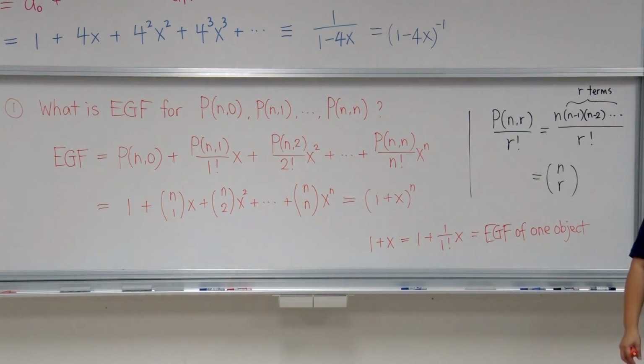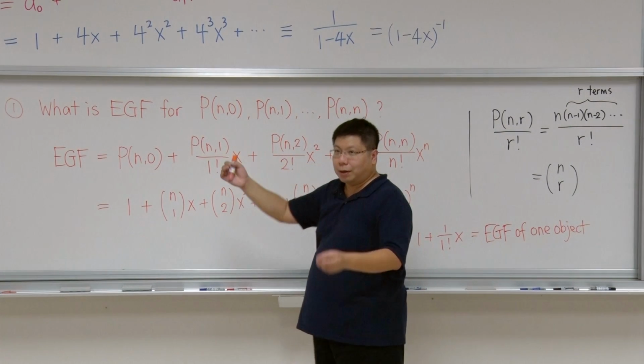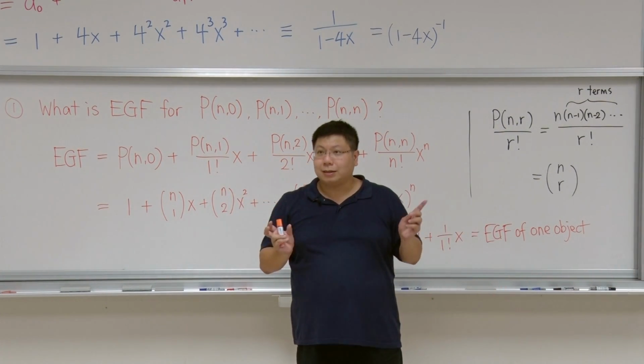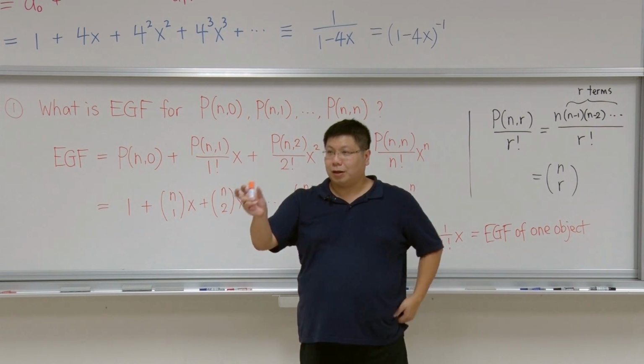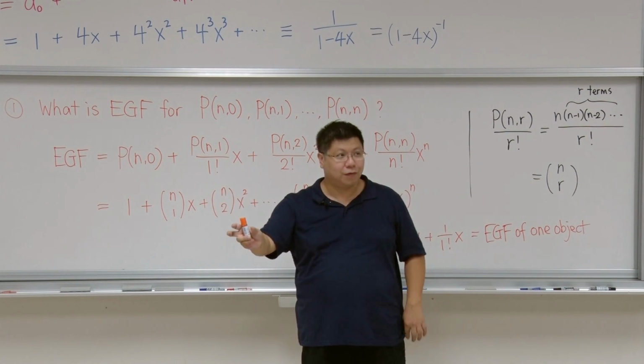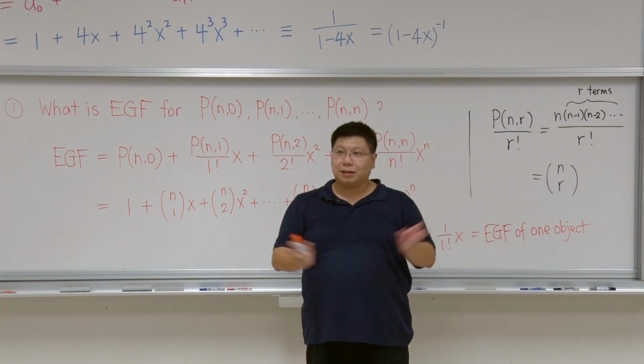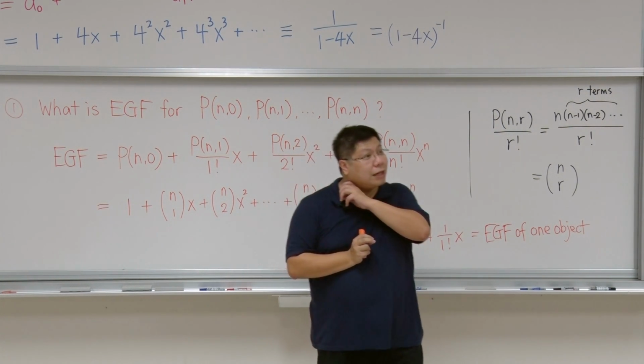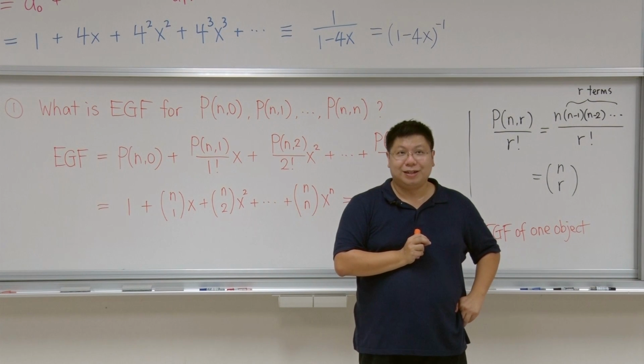So we are not sure yet, but somehow this may be a good thing for us. The exponential generating function about how n objects are going to permute turns out to be the product of the exponential generating function of each object multiplying together.